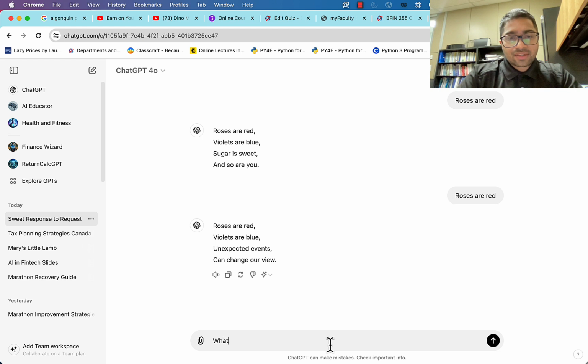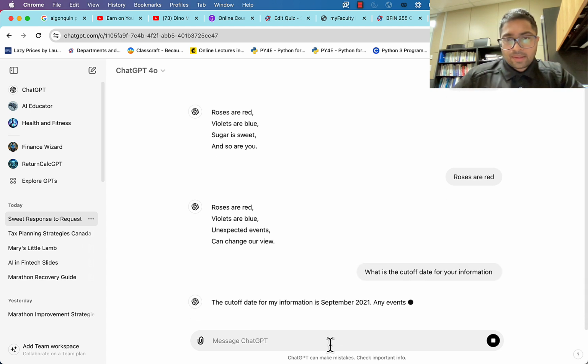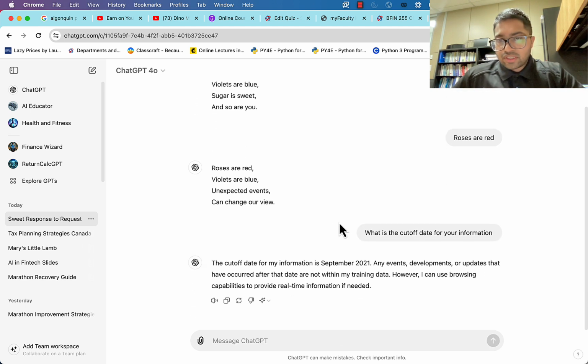So we can ask, what is the cutoff date for your information? The information for this model is September 2021. Any developments after that are not in the training data.